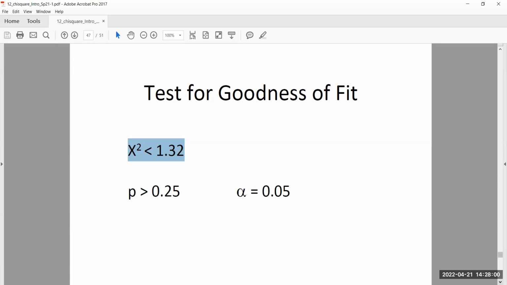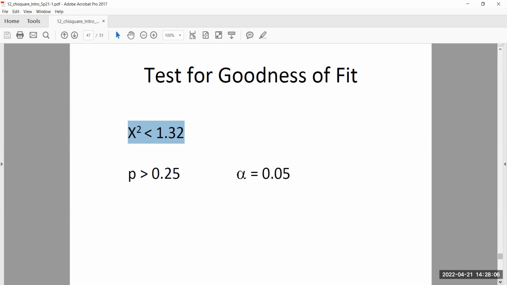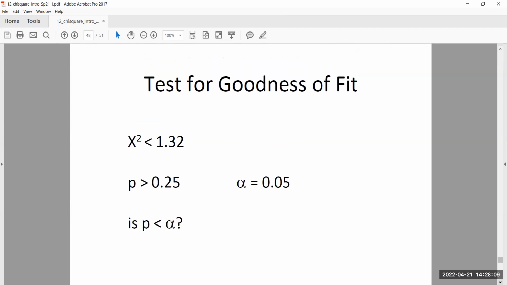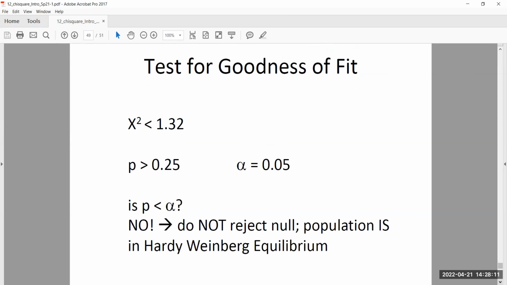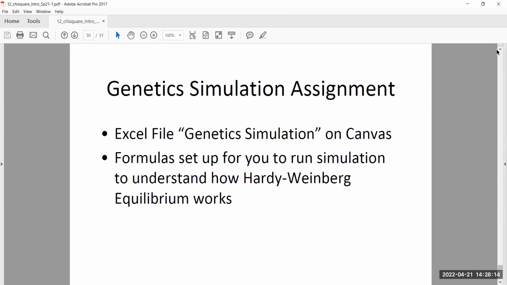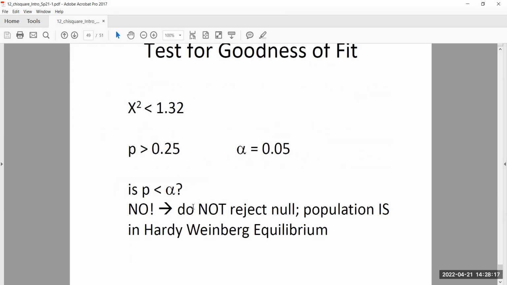We would say for this population that we accept the null, so the population is in Hardy-Weinberg equilibrium. All right, that is the structure and pattern you're going to use to calculate expected values and do a chi-square test for goodness of fit in the special case of testing for Hardy-Weinberg equilibrium.